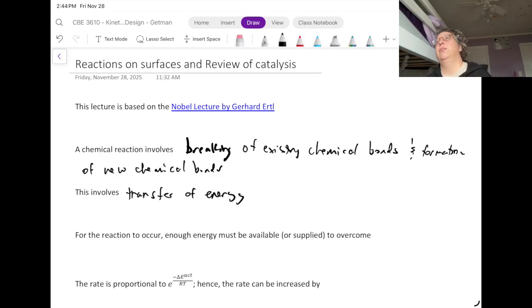The energy that is transferred comes from the potential energy stored within the existing bonds. Part of that energy may be transferred to the formation of new bonds, and some of that energy may be transferred elsewhere, for example, released as heat.